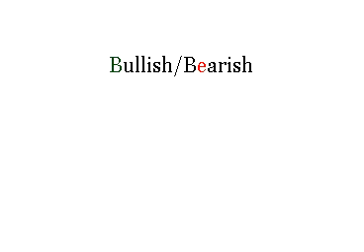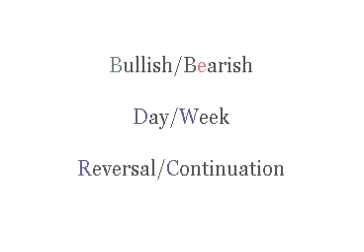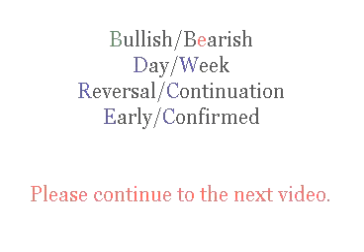Let's recap the different trade types. There's bullish or bearish, day or week, reversal, continuation, early, confirmed. All of these combinations yield 16 different classes. And again, remember, we're looking at the longer term price movement.